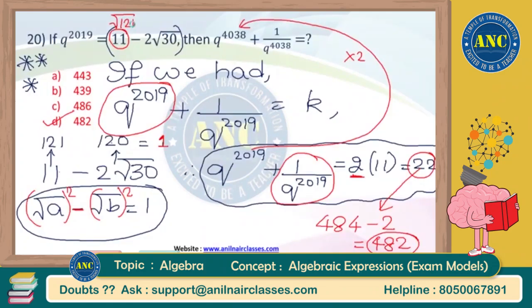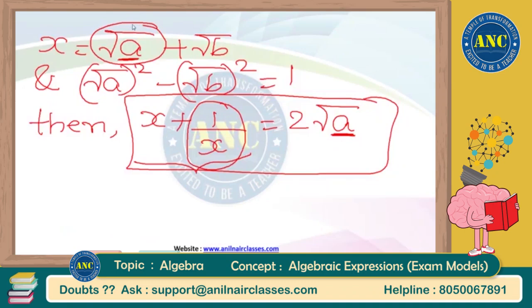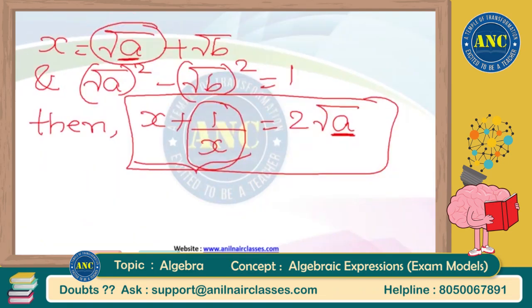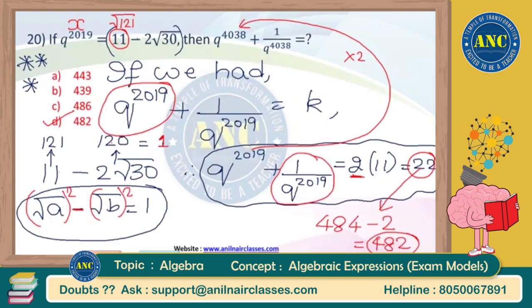I hope this is not confusing you. So I am taking this q power 2019 as x equal to root a plus root b. Root a is root 121, plus root b, and this entire thing I can put with a negative sign, minus 2 root 30.